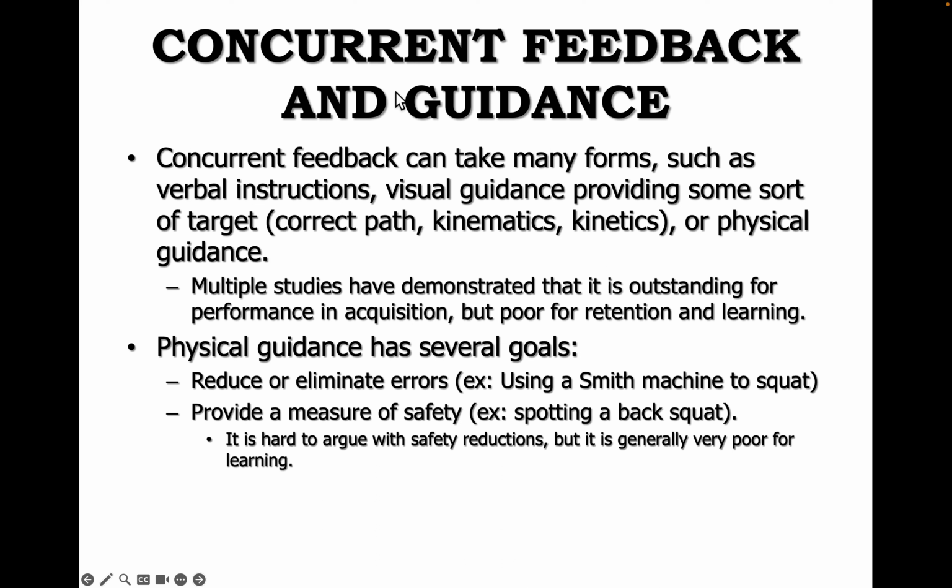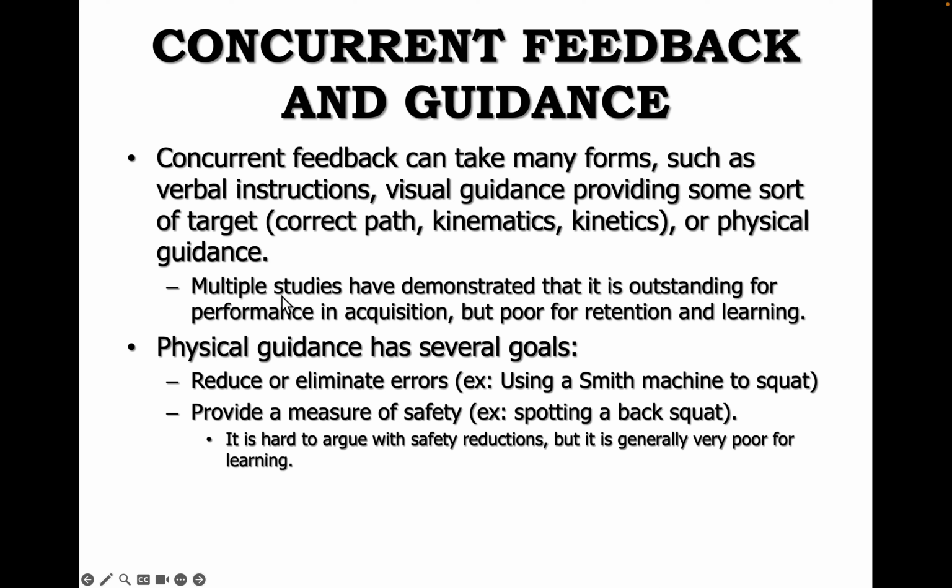So, concurrent feedback and guidance feedback. Concurrent feedback, as we discussed previously, can take on many forms, such as giving verbal instructions, getting some sort of visual guidance due to some sort of target, whether it be a correct path or kinetics, or physical guidance, actually moving someone through a particular range of motion.